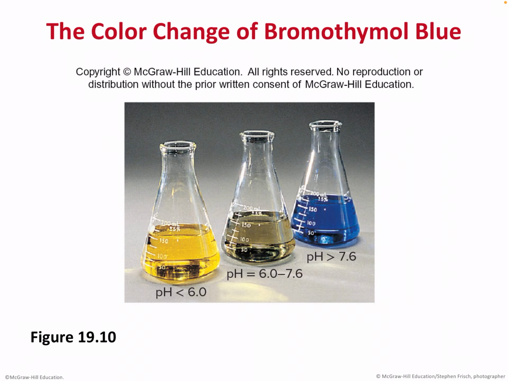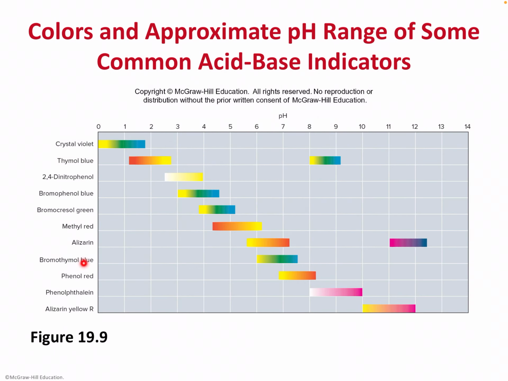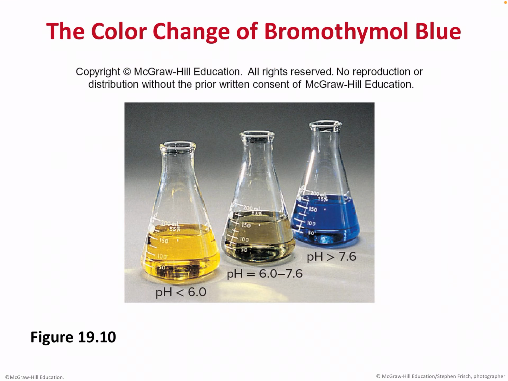And the color change of bromothymol blue. So bromothymol blue is this one over here. You see, at pH 6 it's about a yellow color, and then at pH 8 it is blue. So in between it kind of has a color between yellow and blue like this. Less than pH 6 it would be kind of yellowish.